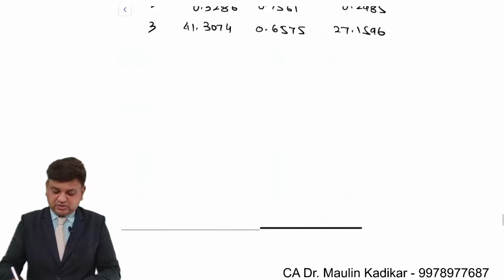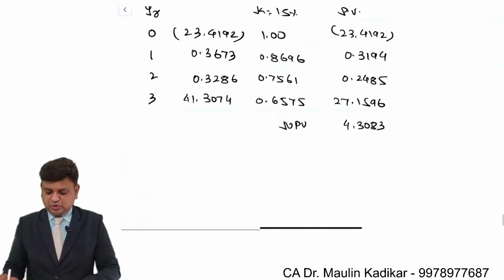NPV is 4.3083. NPV is positive, so you should accept the project.